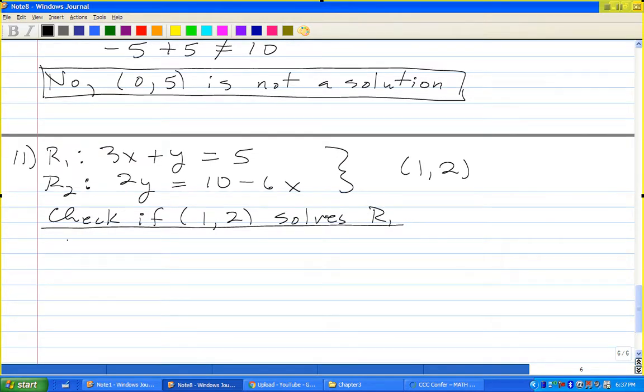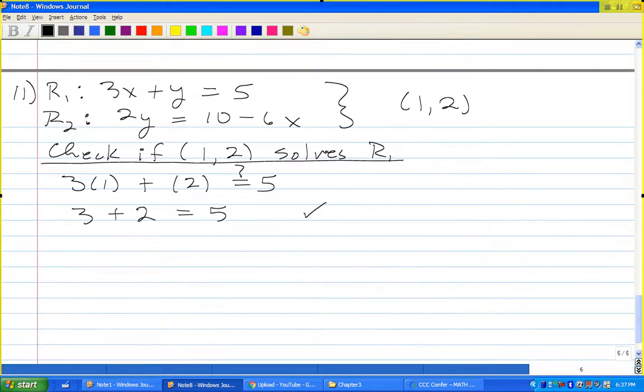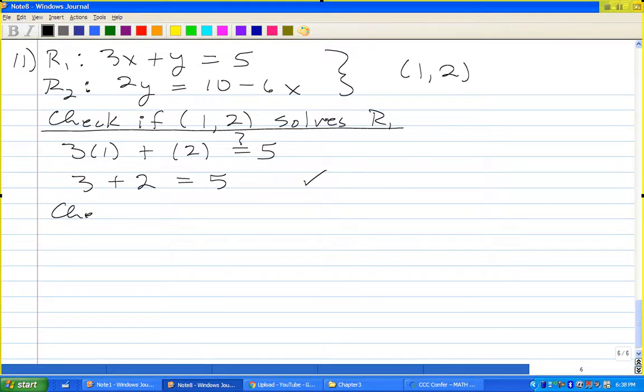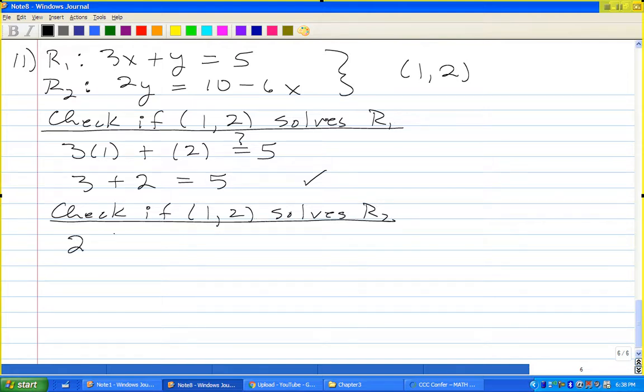And so, is 3x plus y equal to 5? Is 3 plus 2 equal to 5? Yes. Let's check if (1, 2) solves the second equation. And so is 2y equal to 10 minus 6x?